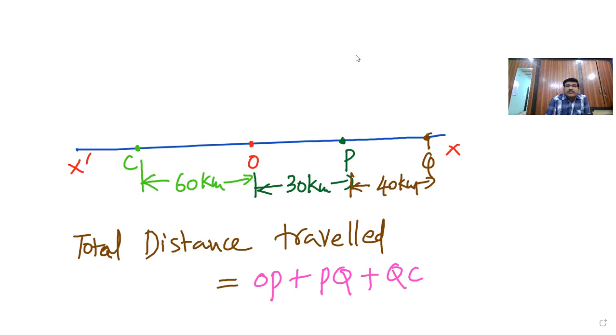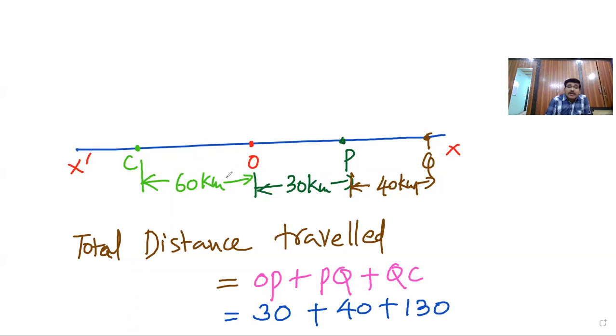Now, what is the OP distance? 30 kilometers. PQ distance is 40 kilometers. And the QC distance is 60. Total: 40 plus 30 is 70, 70 plus 60 is 130.